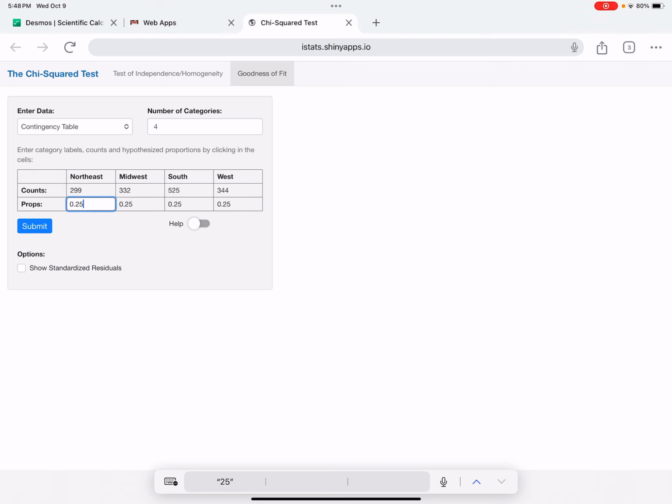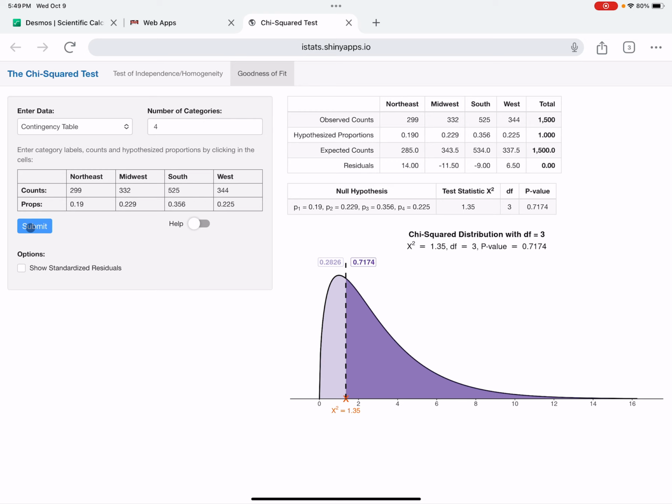And for proportions, we have 19% in the Northeast, 22.9% in the Midwest, 35.6% in the South, and 22.5% in the West. Then we can click on Submit. And we get a very large p-value here. We're not going to be rejecting the null hypothesis.